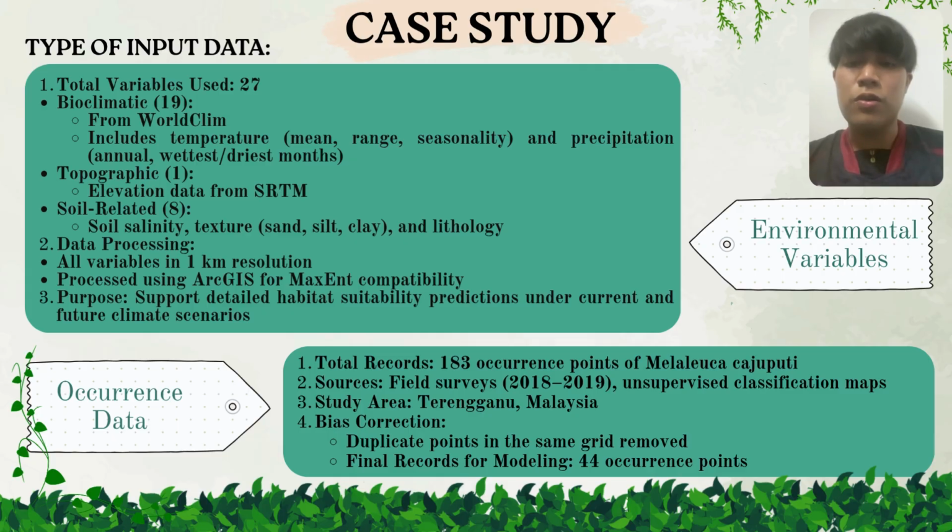Soil variables include salinity and texture, which influence soil fertility and moisture retention. All spatial layers were processed at 1 km resolution using ArcGIS to ensure compatibility with the MaxEnt algorithm and to produce reliable habitat suitability predictions.